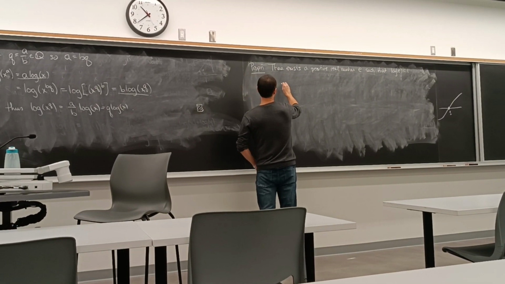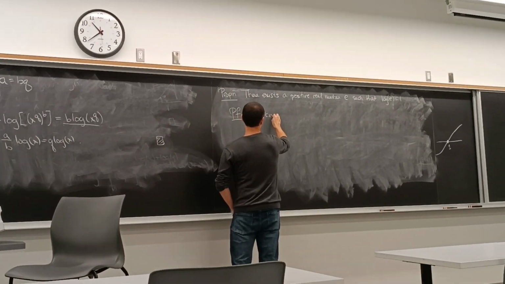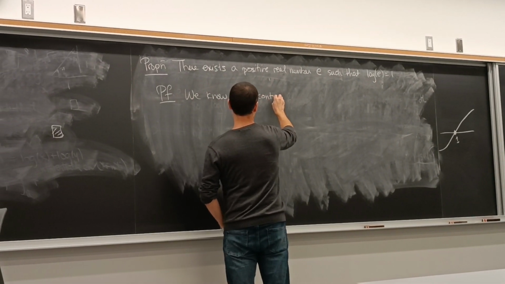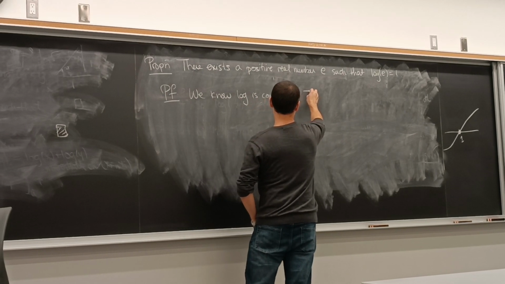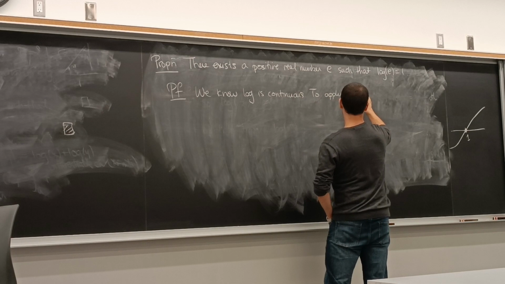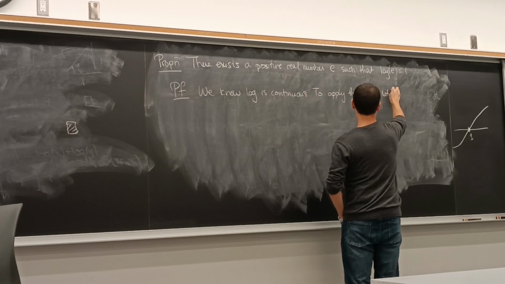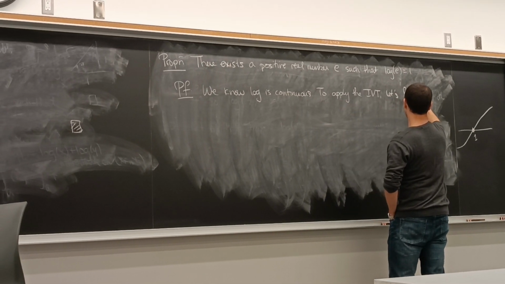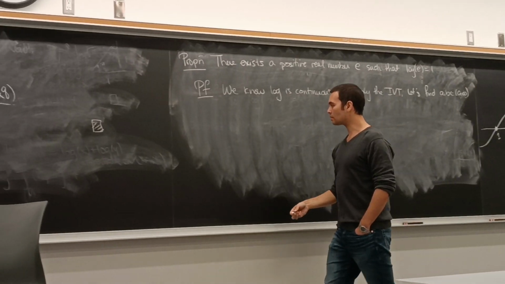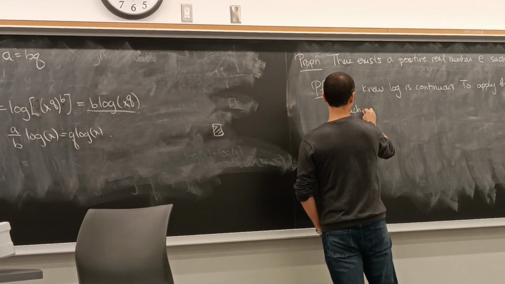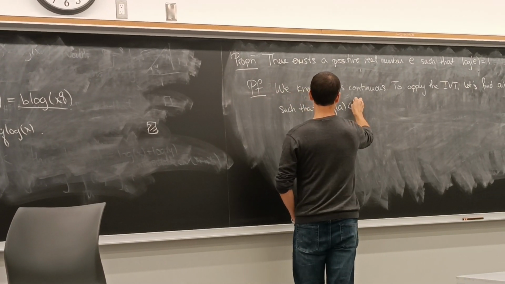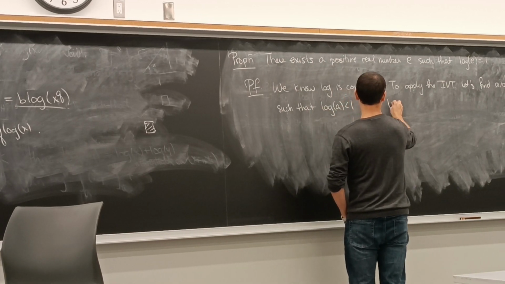Okay. So we know log is continuous. To apply the intermediate value theorem, let's find A and B in 0 to infinity, such that log A is less than 1 and log B is greater than 1.